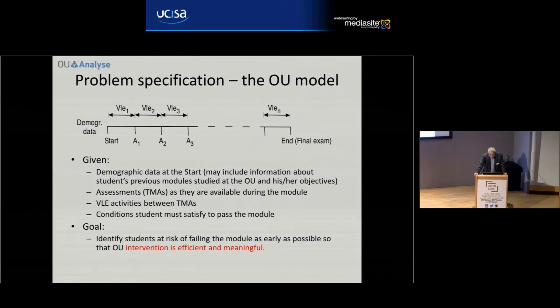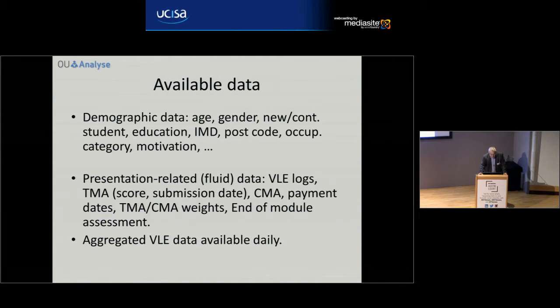And the idea is to identify students who are at risk as early as possible so that the intervention is efficient and meaningful. Meaningful means there is still time to save the student. So the time is very important for this problem.